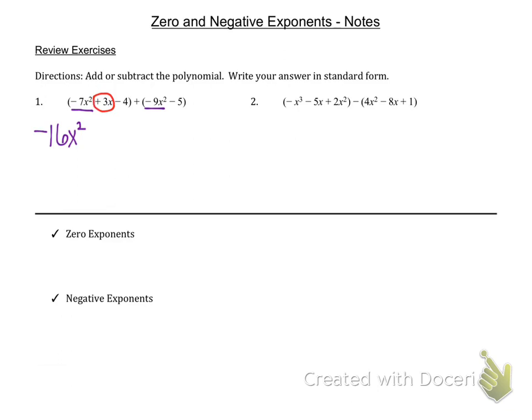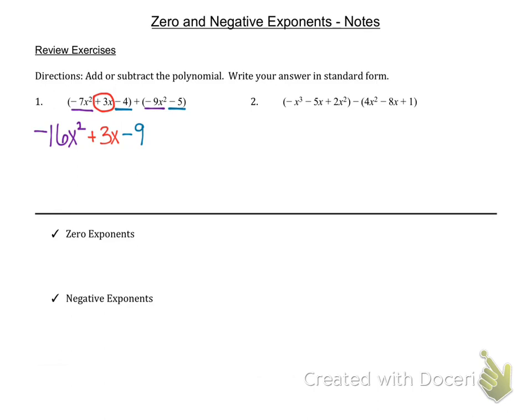I have nothing combined with it, so I'm going to write that next, plus 3x. And then the last step, I'm going to combine the two numbers. We have negative 4 and negative 5. Negative 4 plus a negative 5 is a negative 9. So my final answer is negative 16x squared plus 3x minus 9.